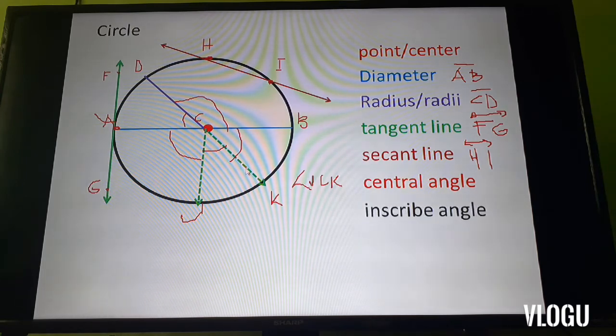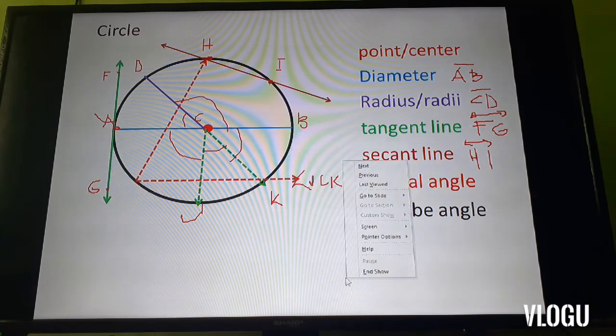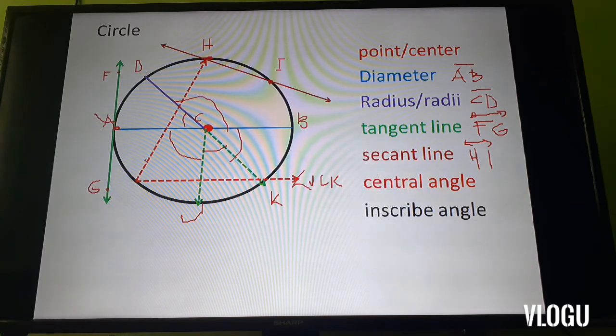And the last one is the inscribed angle. Pag sinabi naman po nating inscribed angle, that is an angle that is formed wherein the angle comes from on the circle. Ang angle ay nagmumula mismo sa gilid ng circle. So I have here the angle that is being formed.